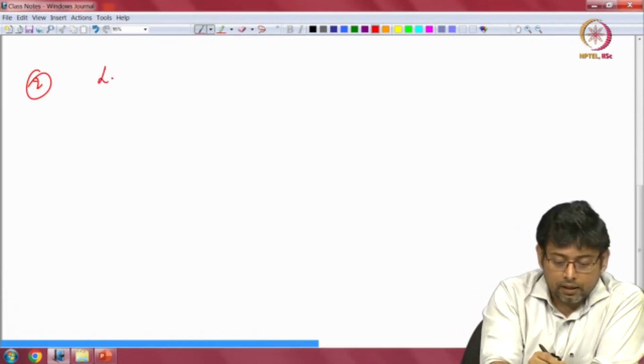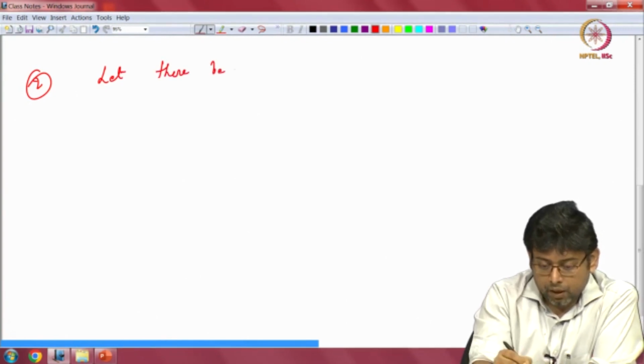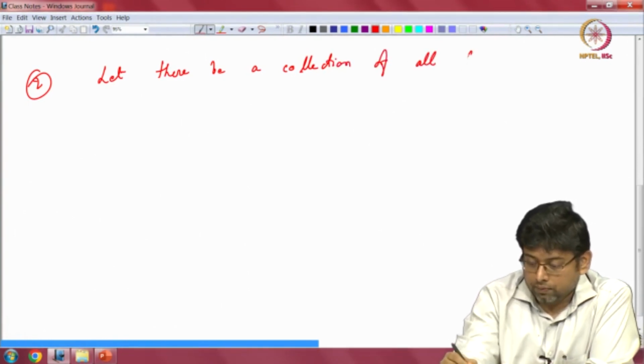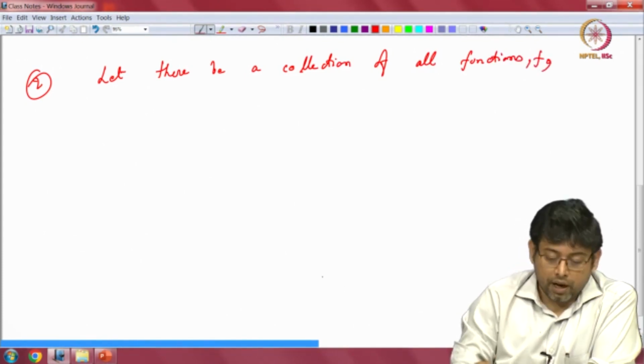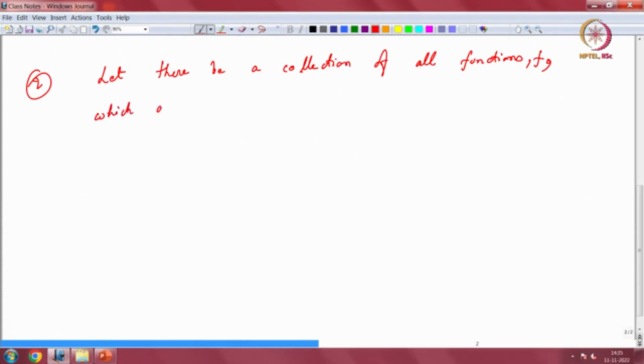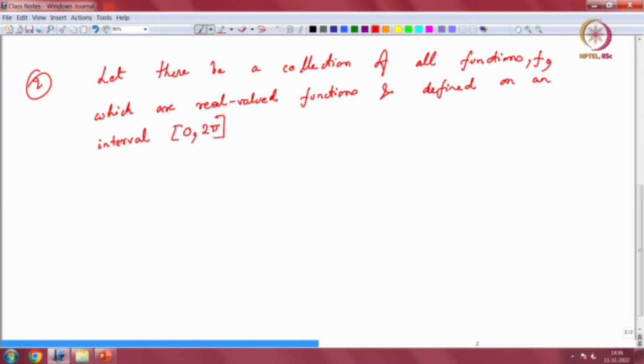So let there be a collection of all functions, let's say f, which are real valued functions, and defined on an interval, actually a closed interval, 0 to 2 pi, and are continuous.